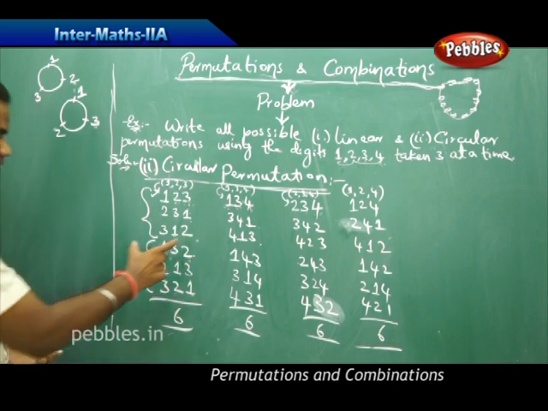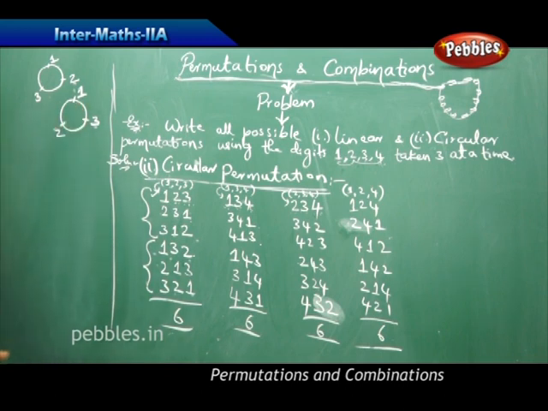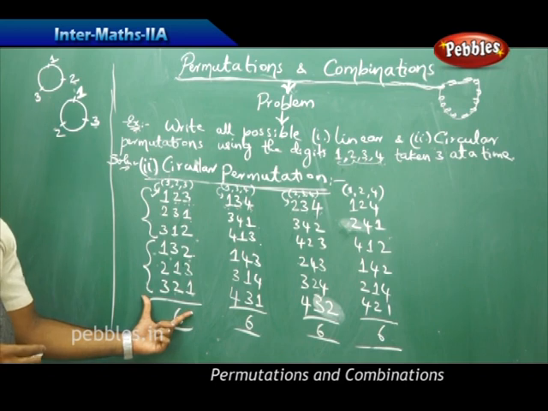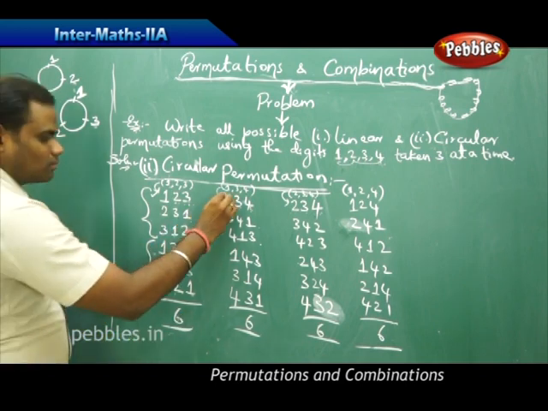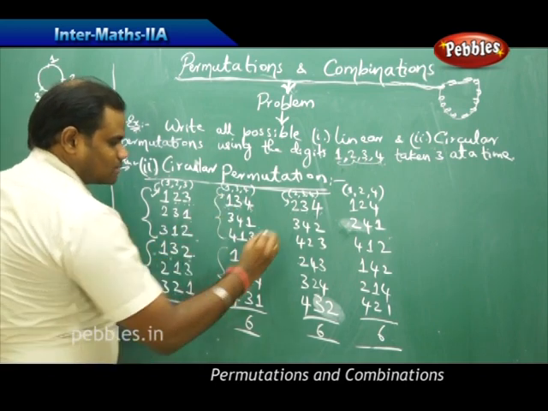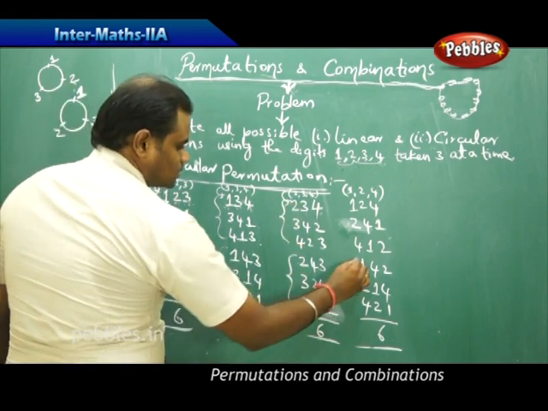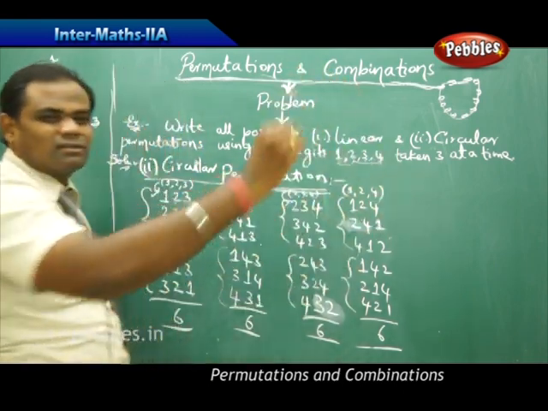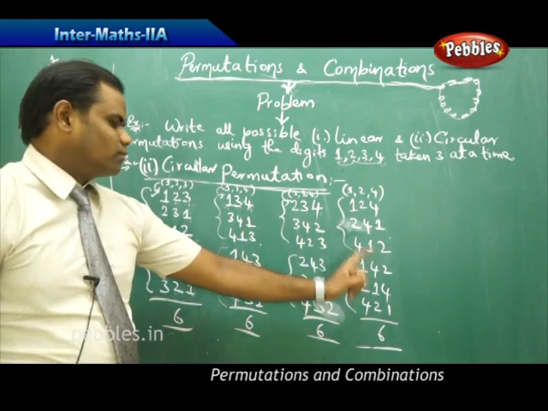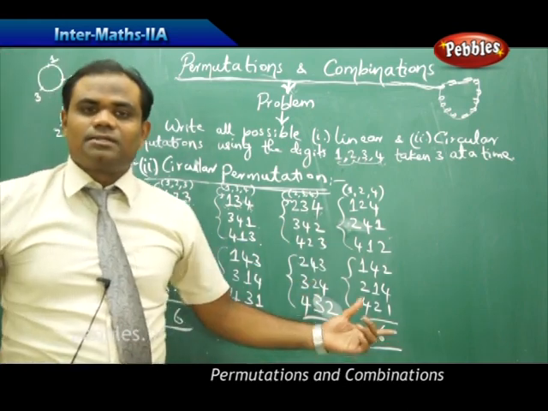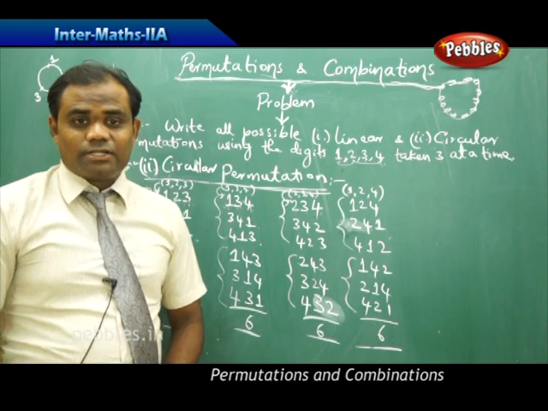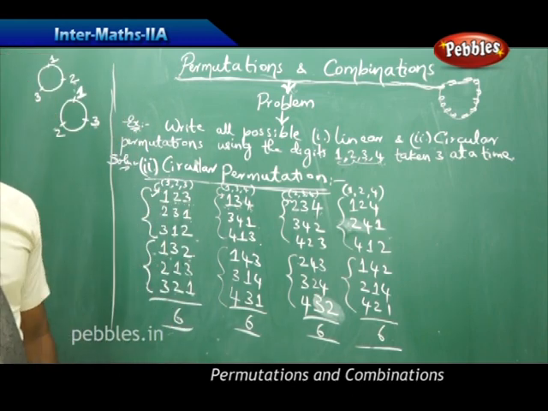These 3 are said to be one single circular permutation. Similarly, each of the other groups forms one single circular permutation. So totally there are 8 circular permutations. Let's see what those 8 different possible circular permutations are.